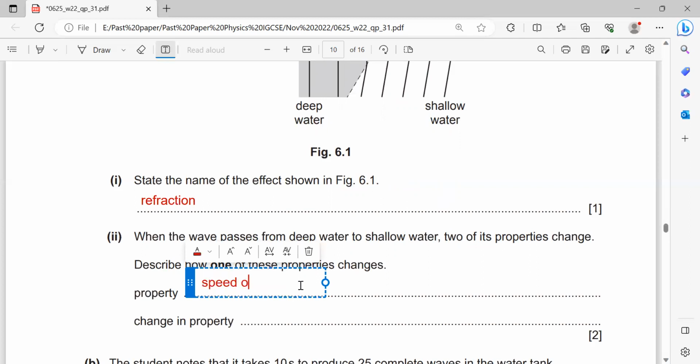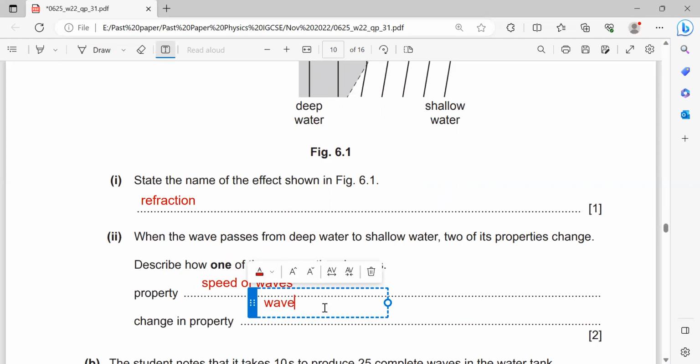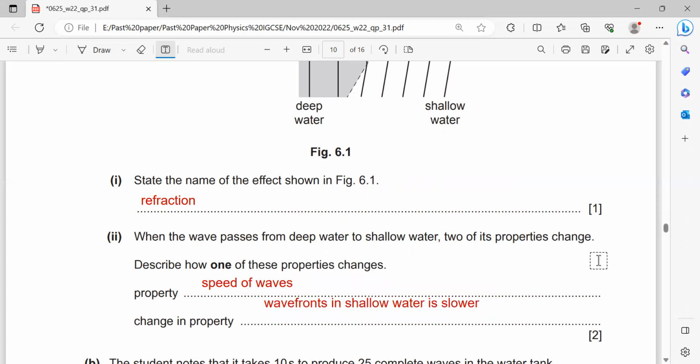In the shallow area, the speed will be slower, because the depth is different from the previous location of the waves.